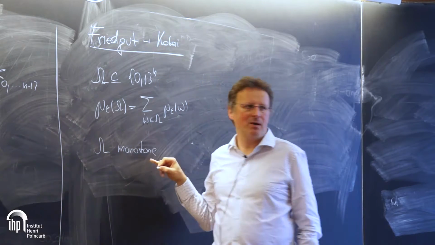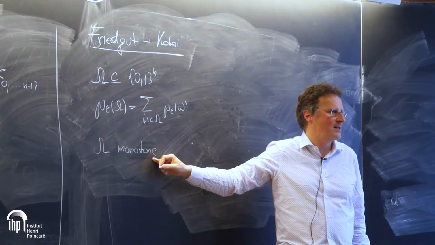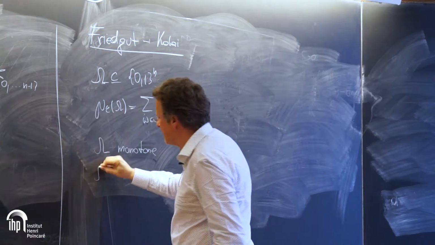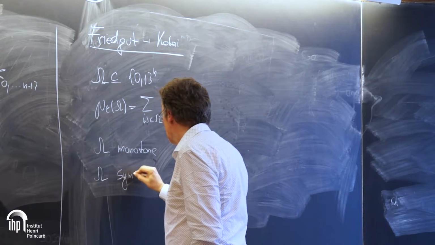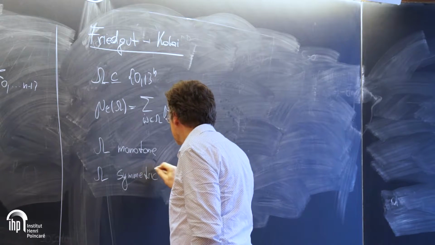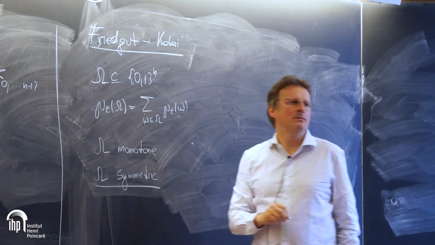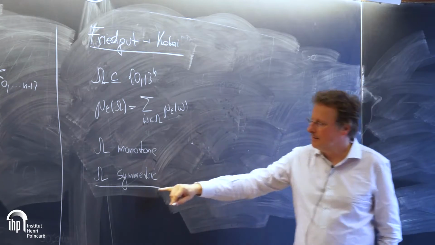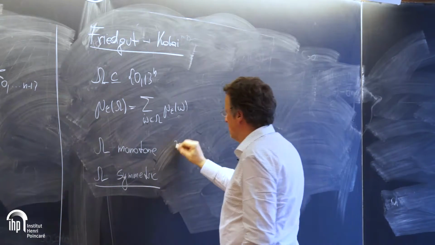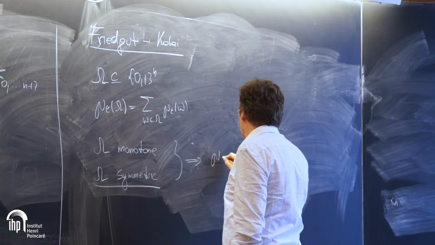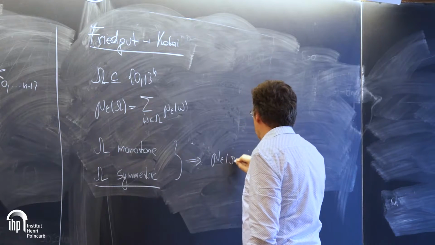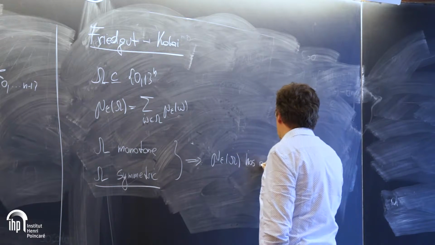Because if it's monotone, then we have the Friedgut-Rousseau-Margulis inequality, and if this is symmetric. So there's one extra condition, right? Then if these two hold, then mu epsilon of omega has a sharp threshold.